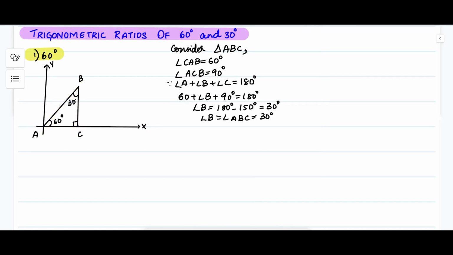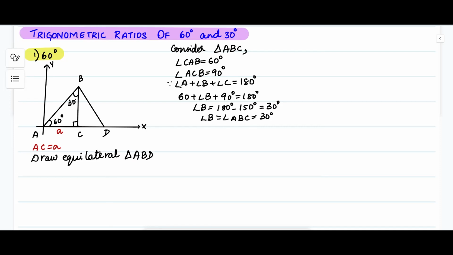First, let us assume our side AC to be equal to A. Let me write that down. Our length AC is equal to A. So, in order to find out the other two sides of the triangle, let me draw an equilateral triangle. That is our triangle ABD. This triangle here is an equilateral triangle, which is our triangle ABD.